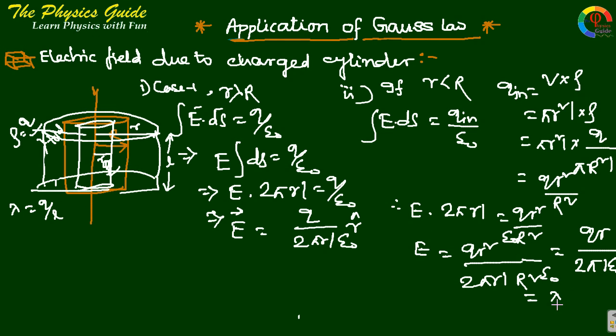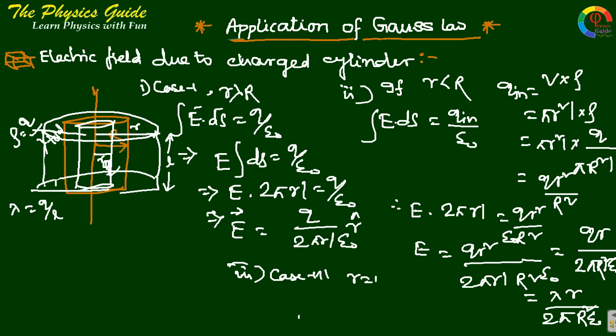So q by l becomes lambda, and E equals lambda r by 2 pi capital R square epsilon naught.